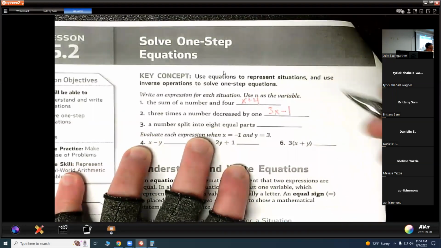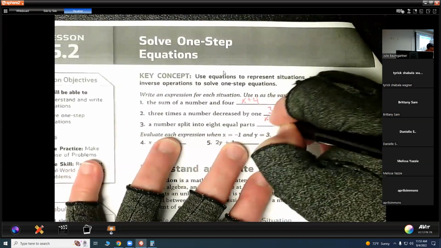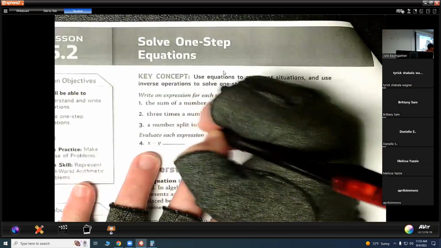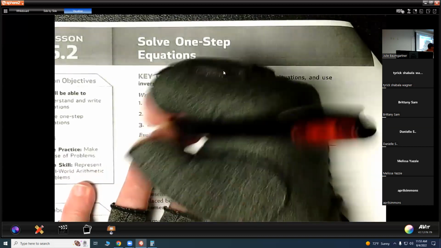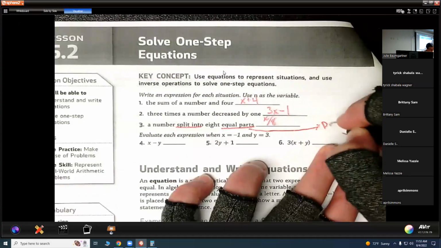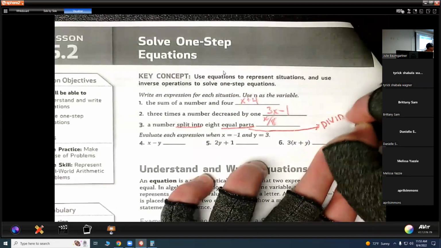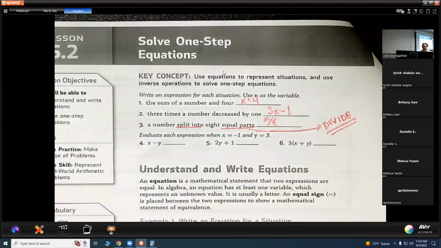The number split into 8 equal parts. If you see split into equal parts, that means divide. That's one of our divide keywords.